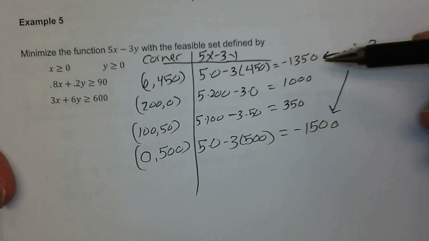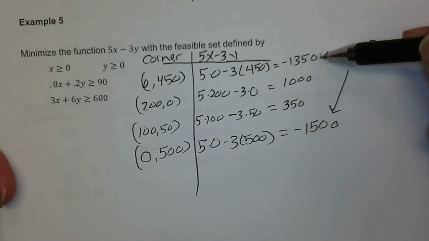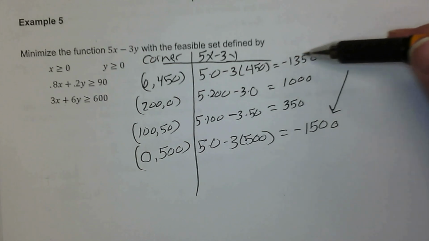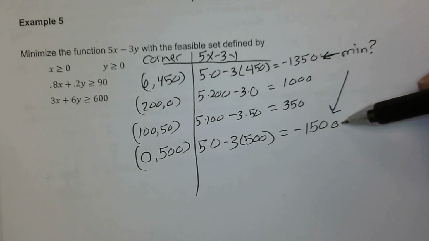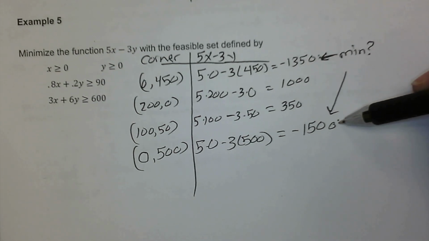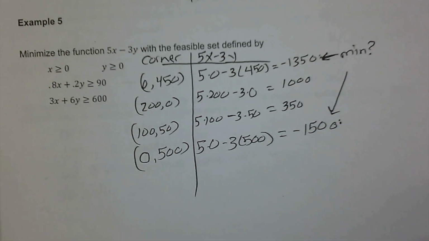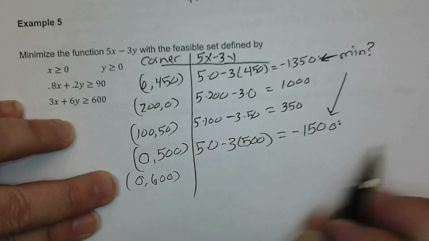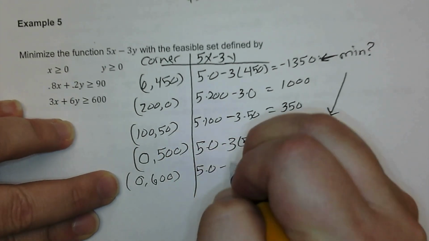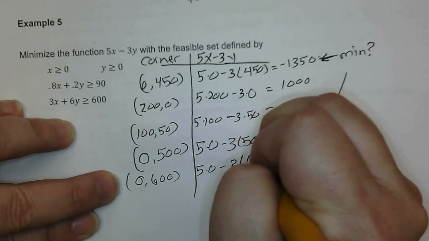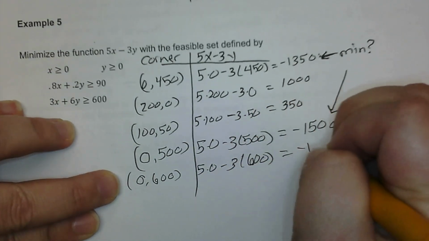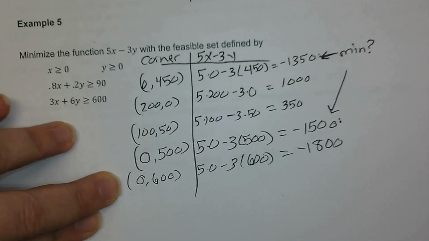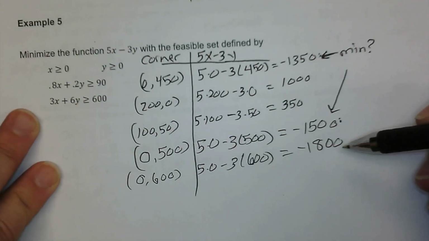Our min got smaller, right? We thought the min was negative 1,350, but as we went toward infinity along the boundary, our number actually got smaller. If we were to go even further, and this isn't needed, but if we were to go further, 5 times 0 minus 3 times 600, negative 1,800. It gets even more negative.